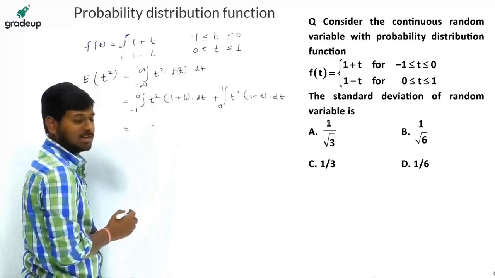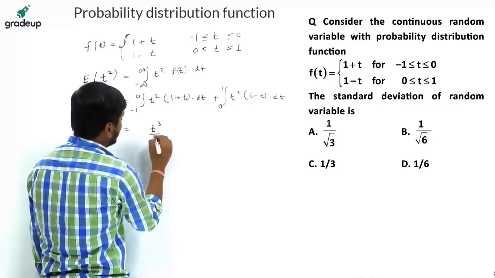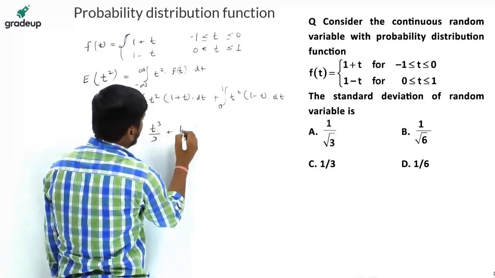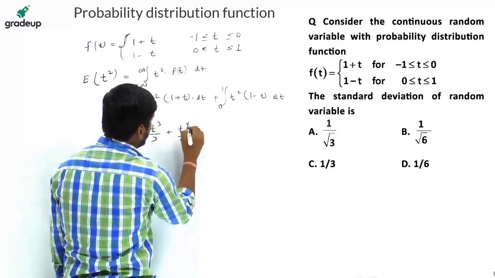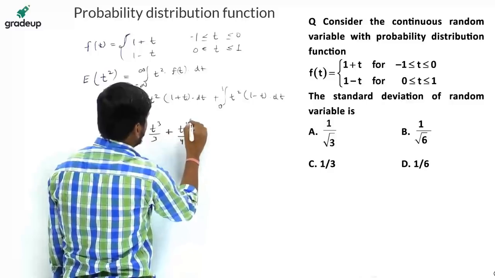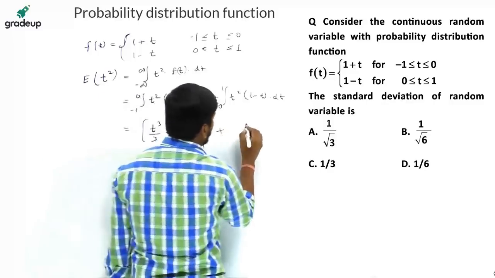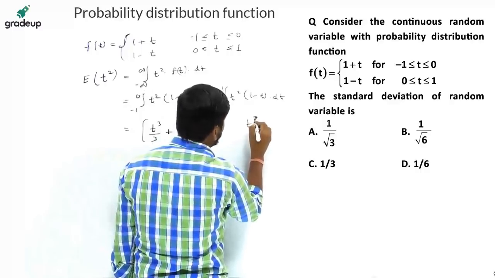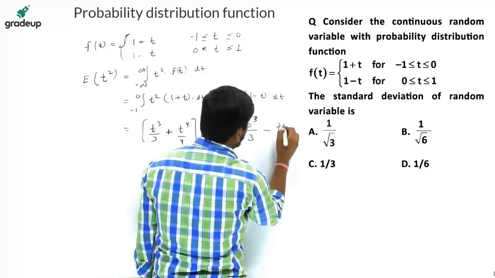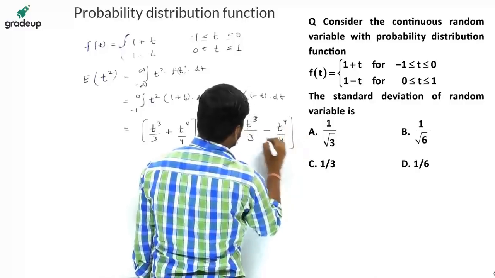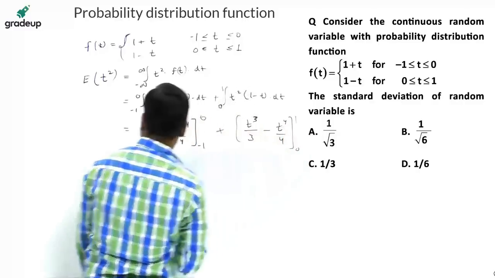The integration of t square is t cube divided by 3 plus t to the power 4 divided by 4, limits from minus 1 to 0, plus t to the power 3 divided by 3 minus t to the power 4 divided by 4, 0 to 1.